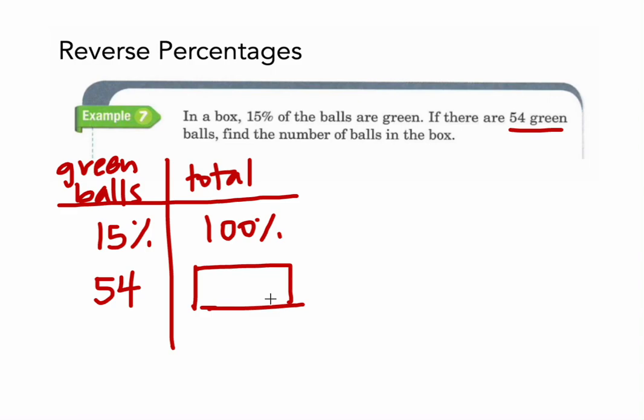Okay, so you know that if you are using a table, you can figure out the pattern. Since I am trying to get to this missing number here, I can figure out what the pattern is to get from 15 to 100. So in my calculator, I can take 100 and divide by 15.